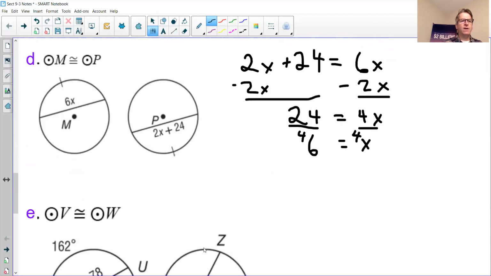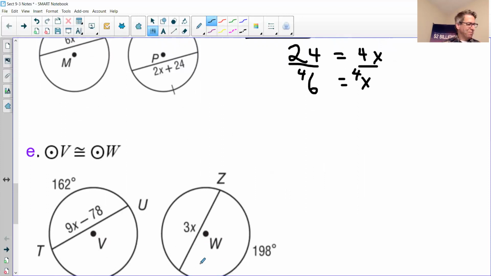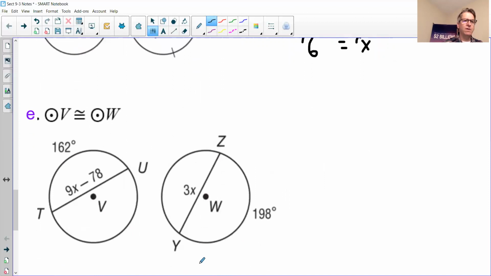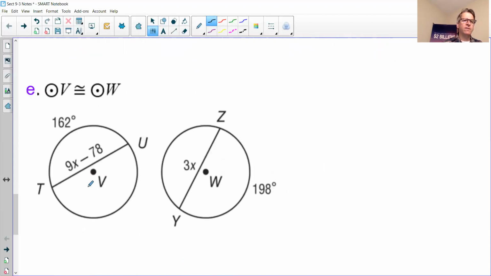Moving on, letter E. We have circle V is congruent to circle W. We have 9x minus 78 as this chord, and 3x as this chord. We have 198 on this side, so that's going to tell us about this other side.